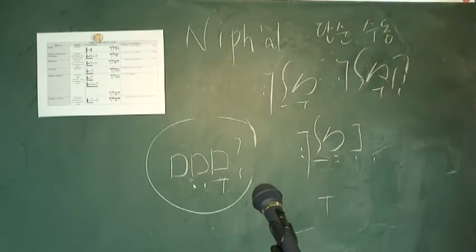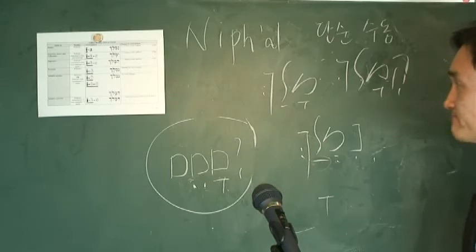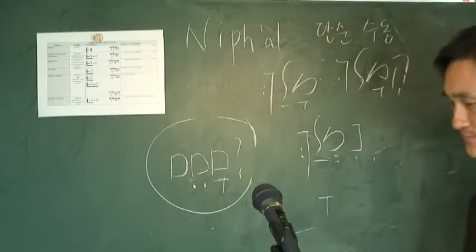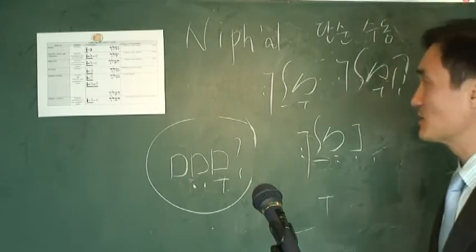Patach, the short a, would become qamets. This would be the active participle of the Niphal verb. The passive participle does not have a form.